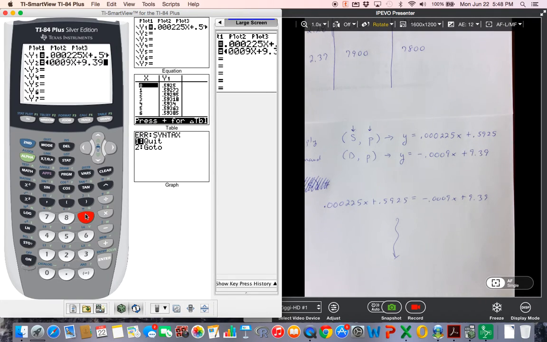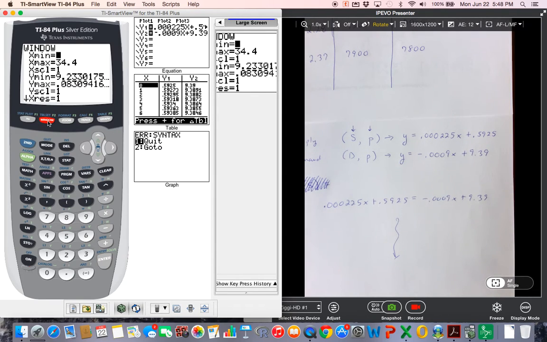Now, the tricky part comes in setting up the windows so we get a picture that helps us solve the problem. So if I go up to window, let's think this through.